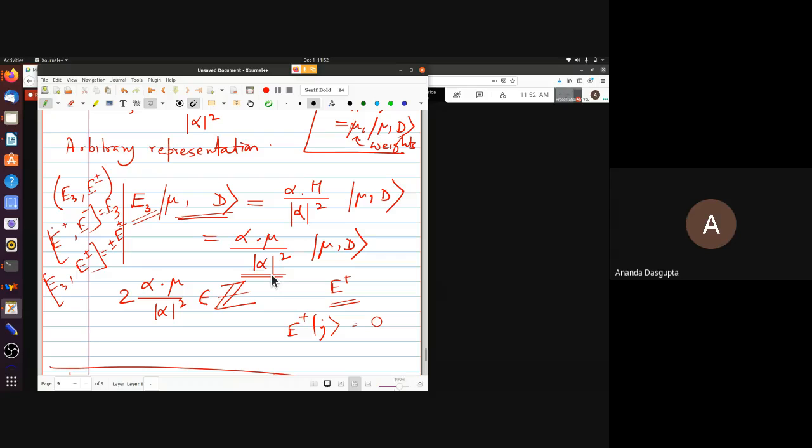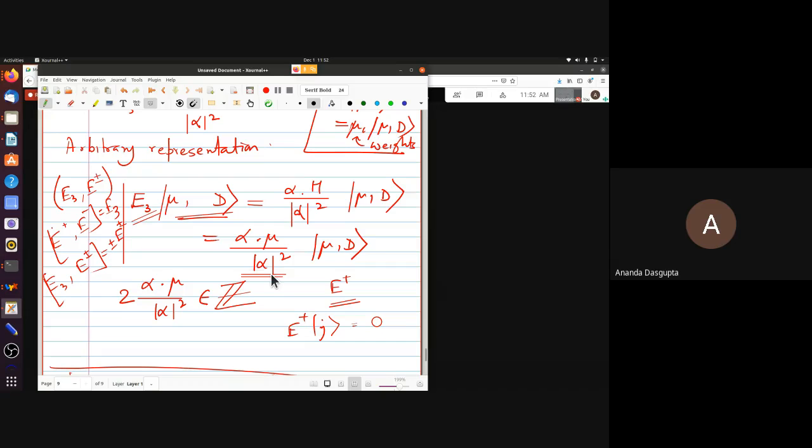Because look, j is the highest possible value of m, minus j is the lowest possible value of m in a finite dimensional representation, and you should be able to go from plus j to minus j in an integer number of steps, which means 2j must be an integer. This is not new, this is quantum mechanics. And that means that any m value has to be somewhere in that ladder between j and minus j, right?